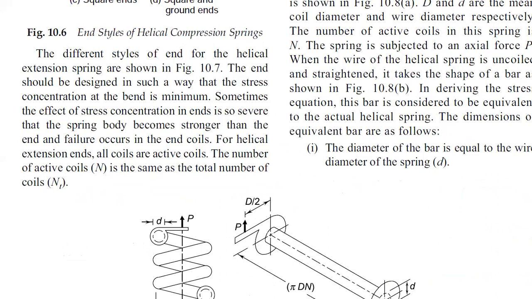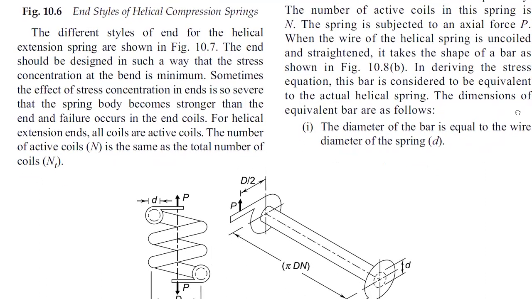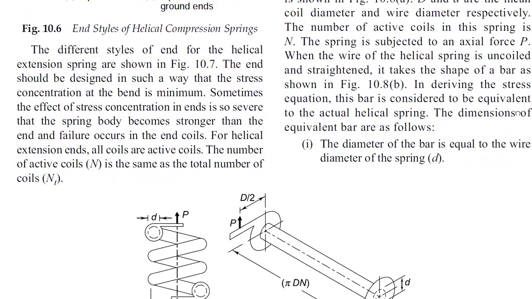You have to focus on this criterion, stress concentration, because whenever the load is acting on the spring, it is very important for the design. Sometimes the effect of stress concentration in the end is so severe that the spring body becomes stronger than the ends, and the failure will occur at the end coils.